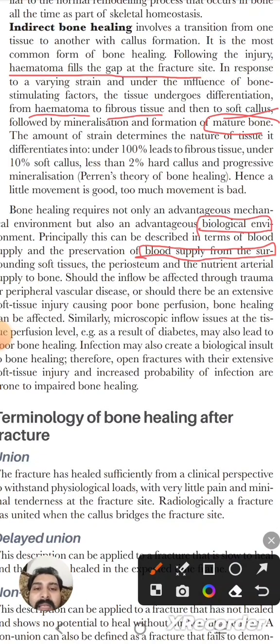Second are mechanical factors, the mechanical environment like stability of the fracture, and whether there is any micro motion or not. Third, there are patient factors, like if the patient has diabetes, there may be some interruption of the blood supply and delayed healing. So 3 factors affect bone healing: mechanical, biological, and patient factors.